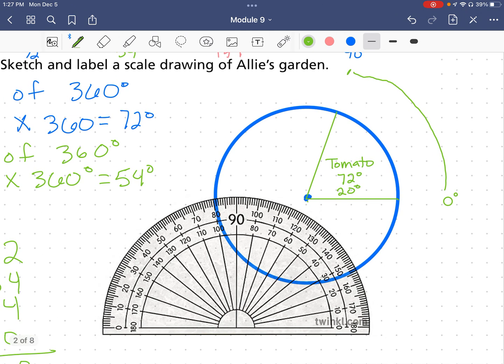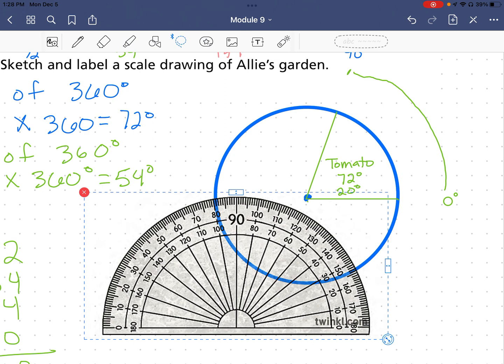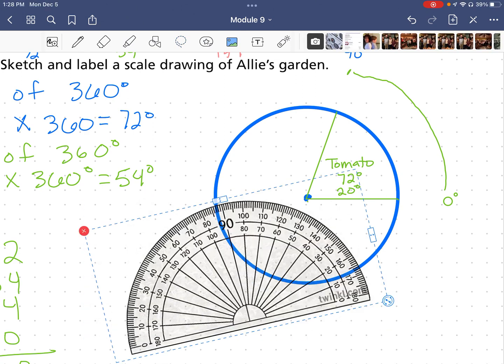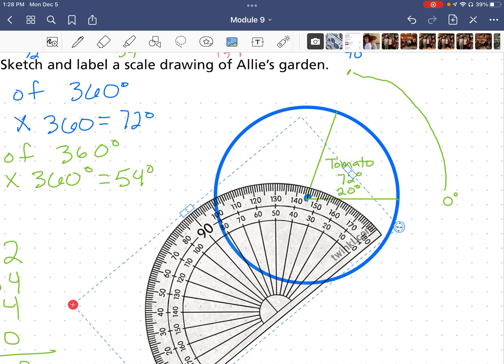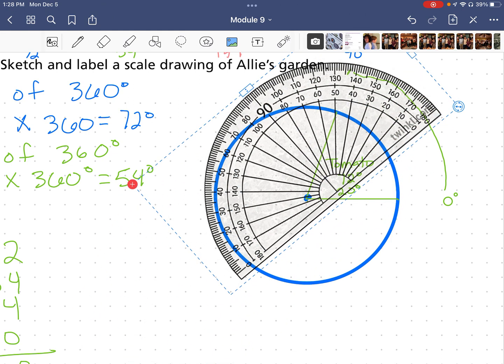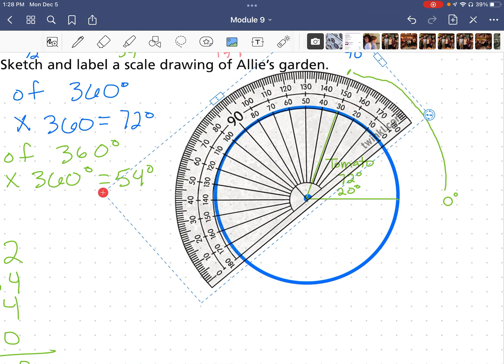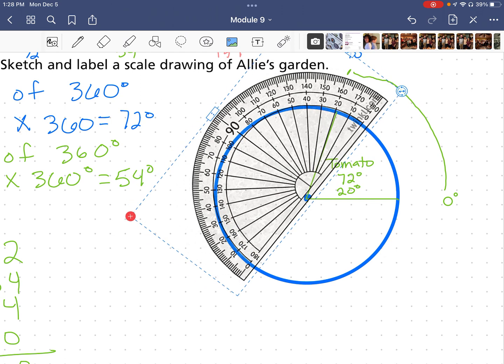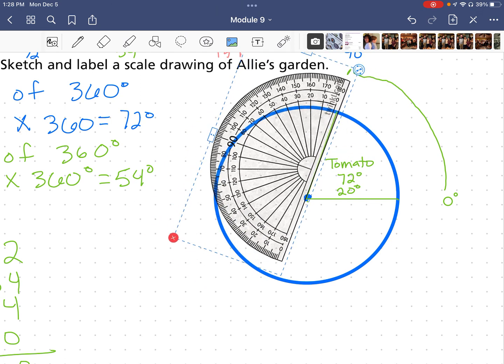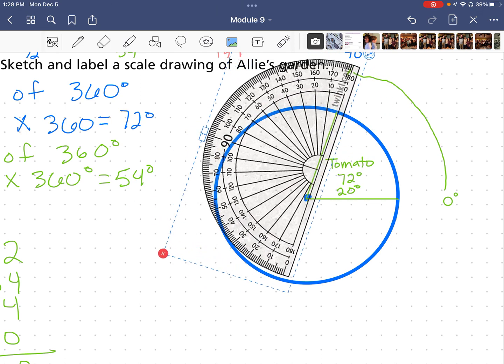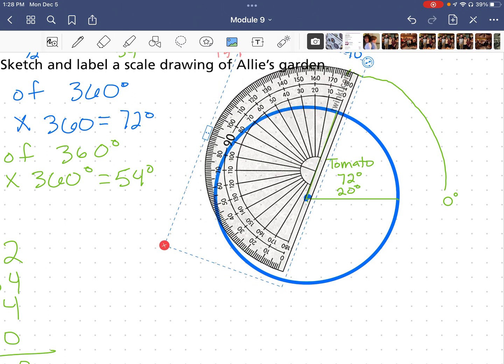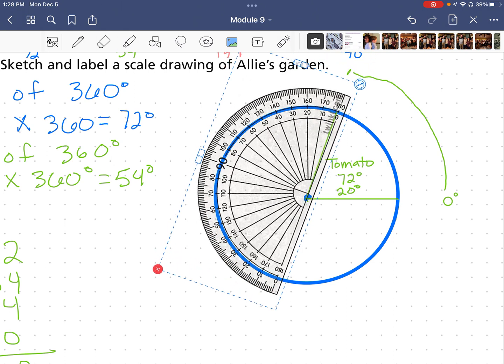And then next, I'm going to take this, and now I need to turn it so that I can line up my center with my next line. So I'm going to line up here, move this over.